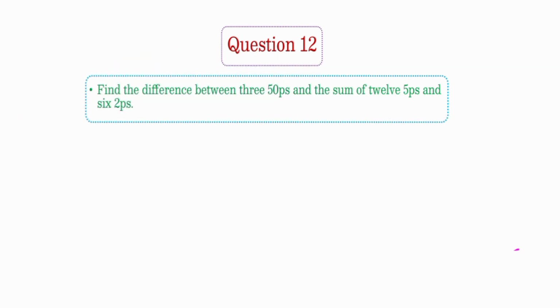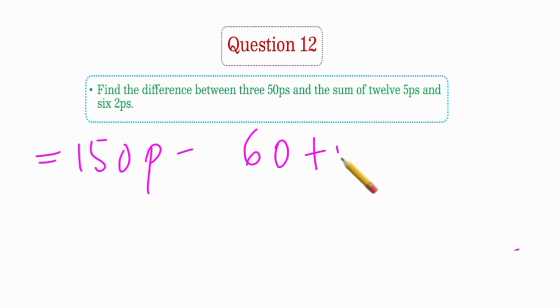So we have to do 150p, take away 60 at 12p. 60 at 12p is obviously 72p.